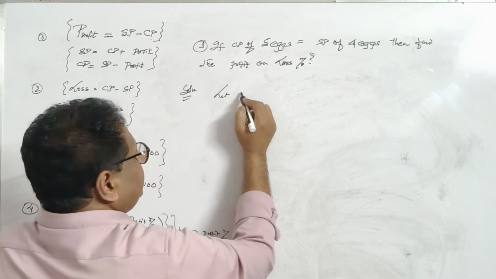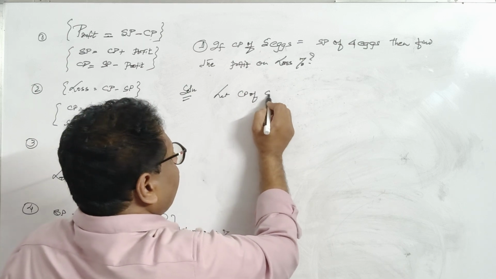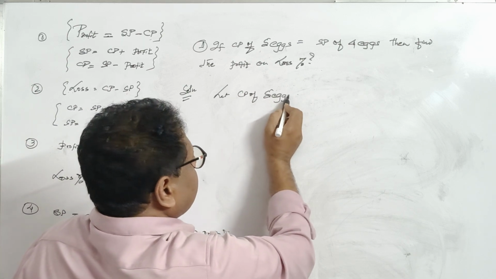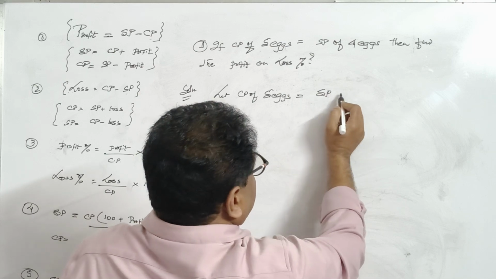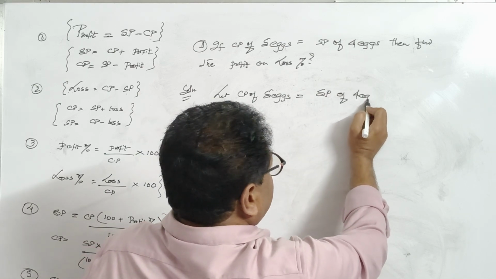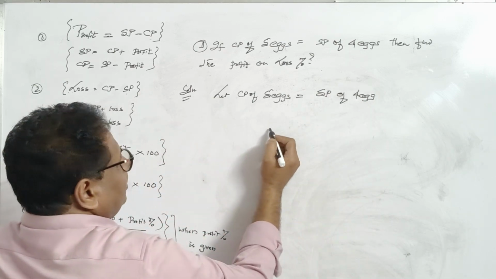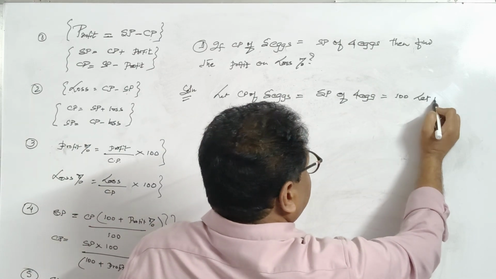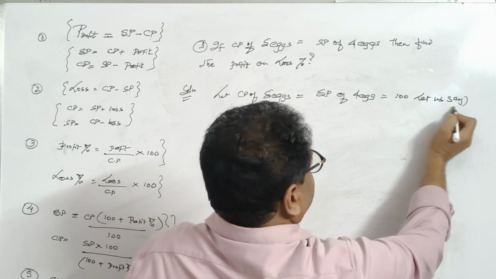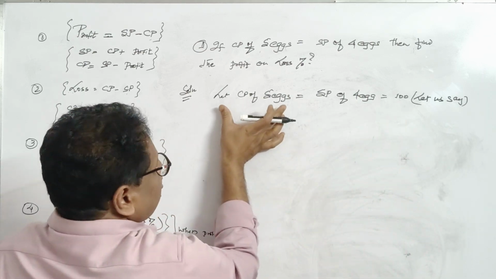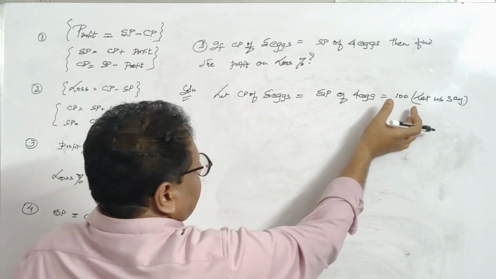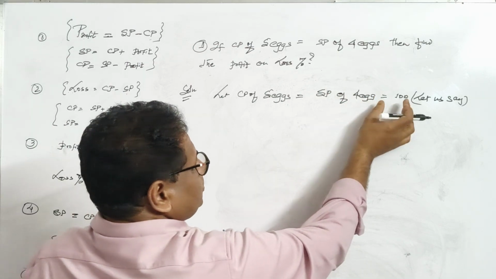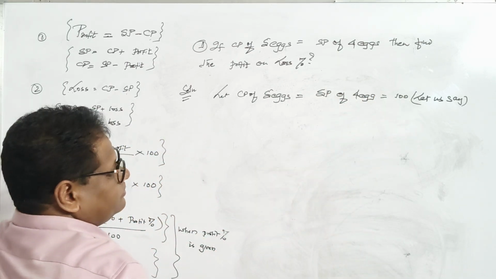Let CP of 5x equal SP of 4x. Now let this be 100. That means if the cost price of 5x is 100, definitely the selling price of 4x is also the same, that is 100.